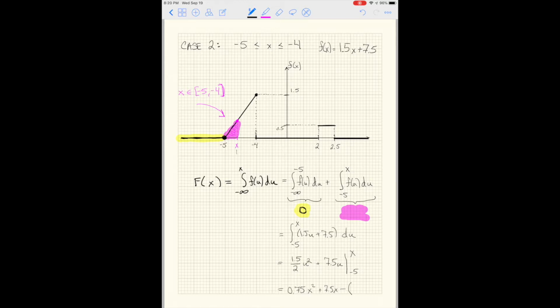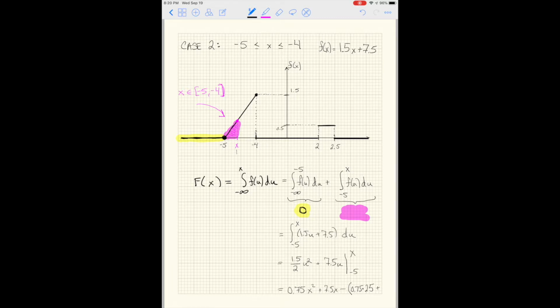So this is 0.75 times, and then this -5 squared is 25, and then plus 7.5 times -5.